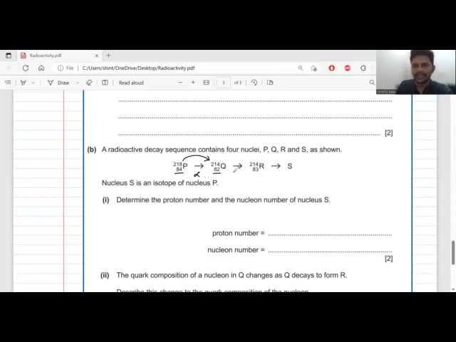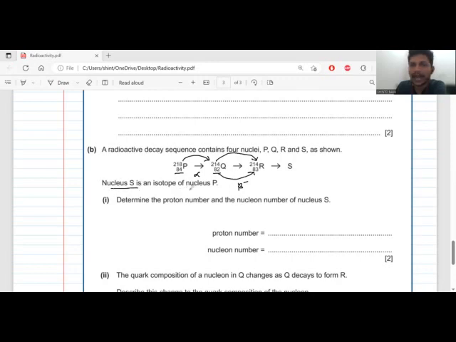Now, look at the second step from Q to R. The mass number remains the same, and the atomic number increases by 1. We have seen this in beta minus decay. Now, as for S, we don't know. So let us begin the question.